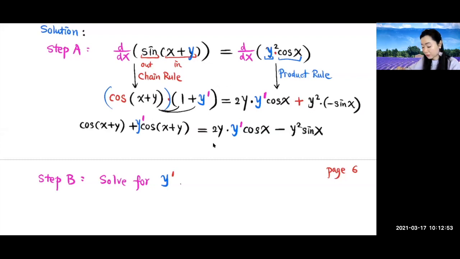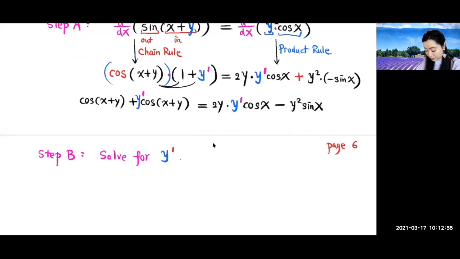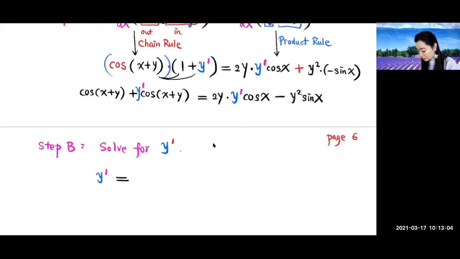Now when you solve for y prime, y prime will be equal to this term and this term together. So move this one over, so minus becomes plus. So this will become cosine x plus y squared sine x.